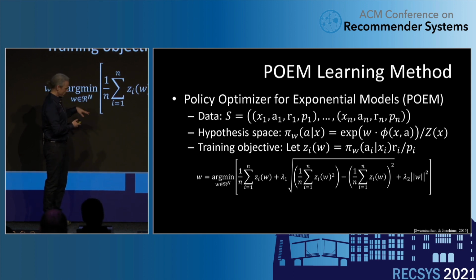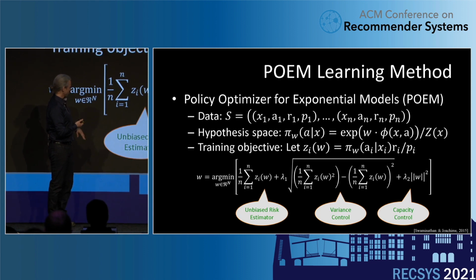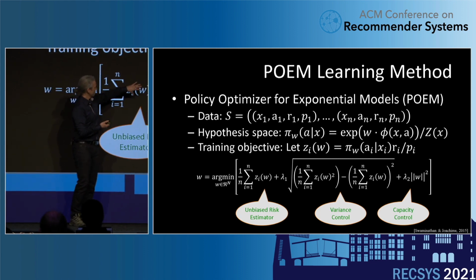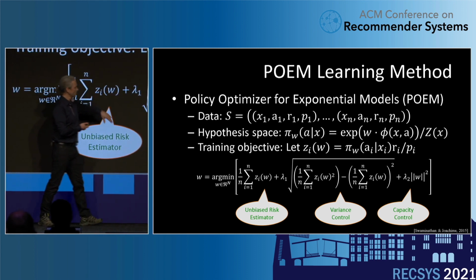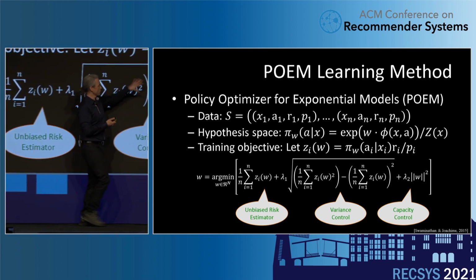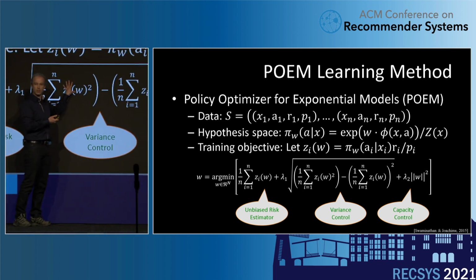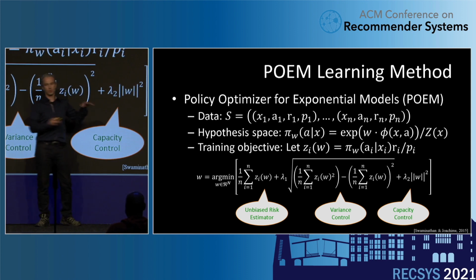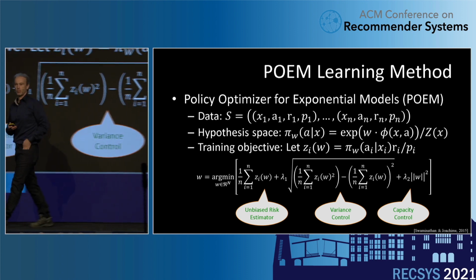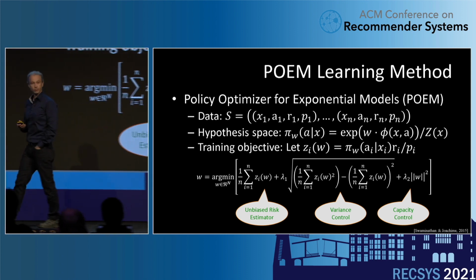And you get an objective where this is the IPS estimate of the training error. This is the variance of the IPS estimator. And here we have an L2 regularizer to keep the capacity of the system under control.